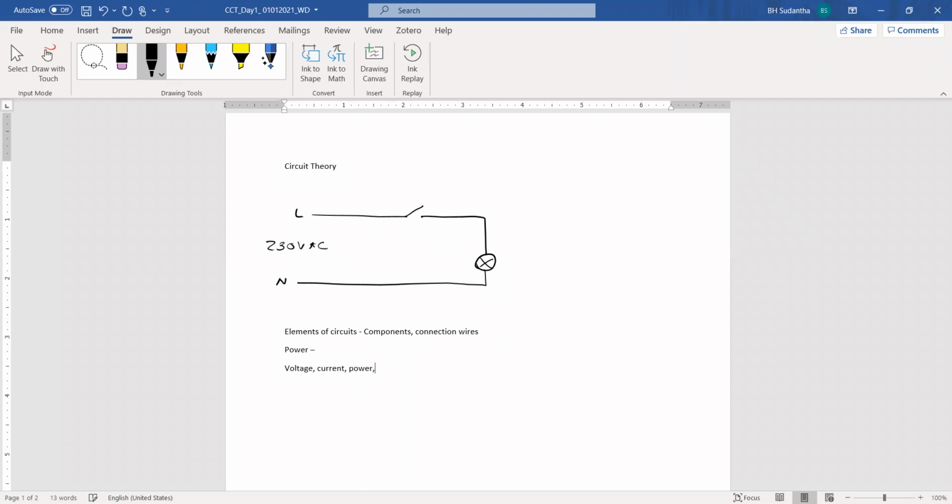The power is there. When you have this power for a certain period of time, another thing comes, that is energy. How much energy we need to power up a circuit for a certain period of time, and those are the physical parameters we have to talk about. Actually, we are going to discuss those things.